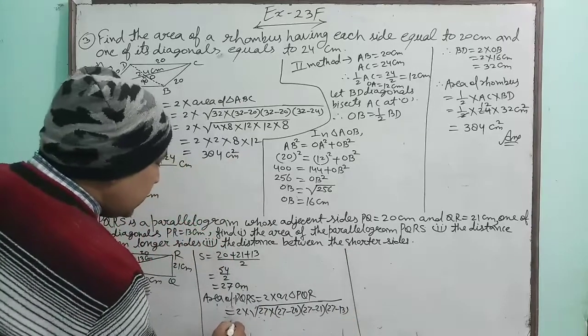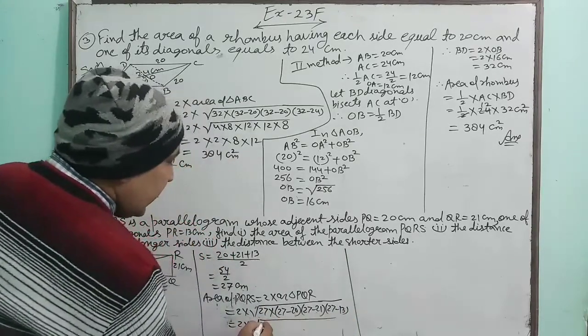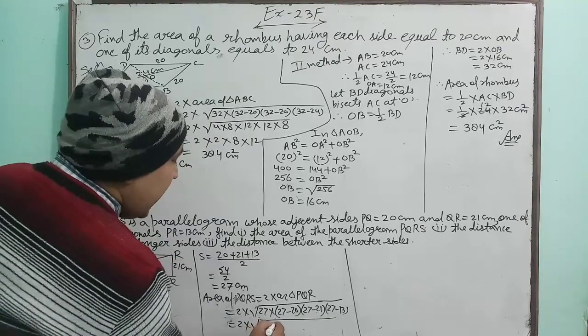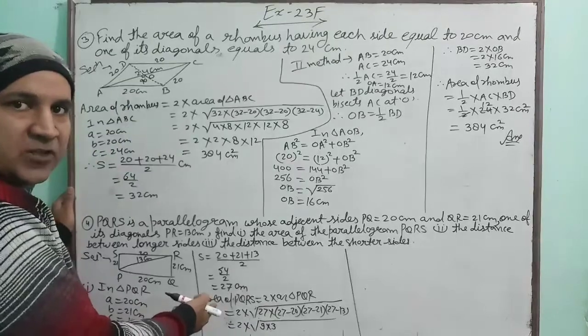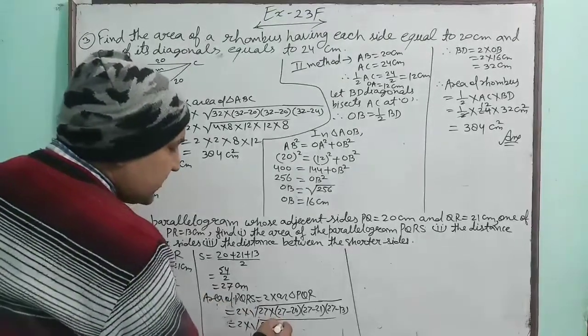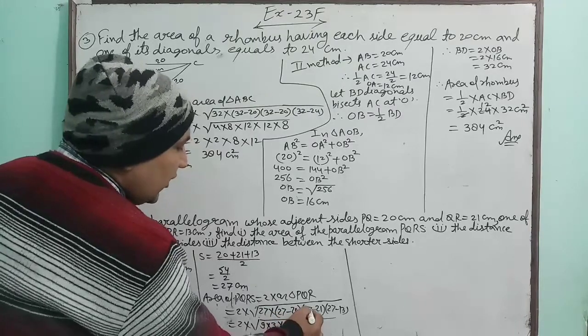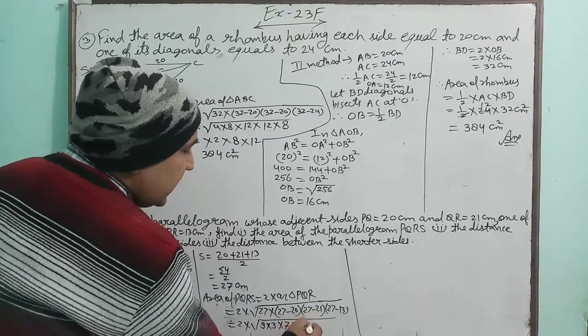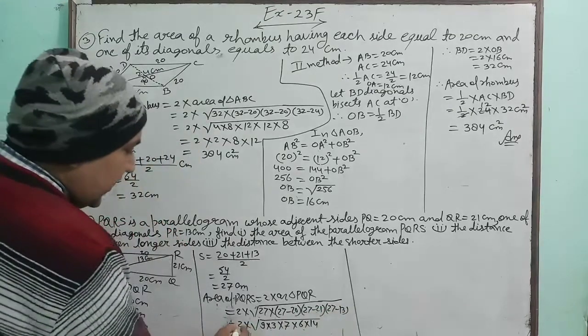Now calculate it. 27 can be broken as 9 into 3, because square root of 9, that we know, is a perfect square. And 3 we keep separate. 27 minus 20 is 7. 27 minus 21 is 6. 27 minus 13 is 14.